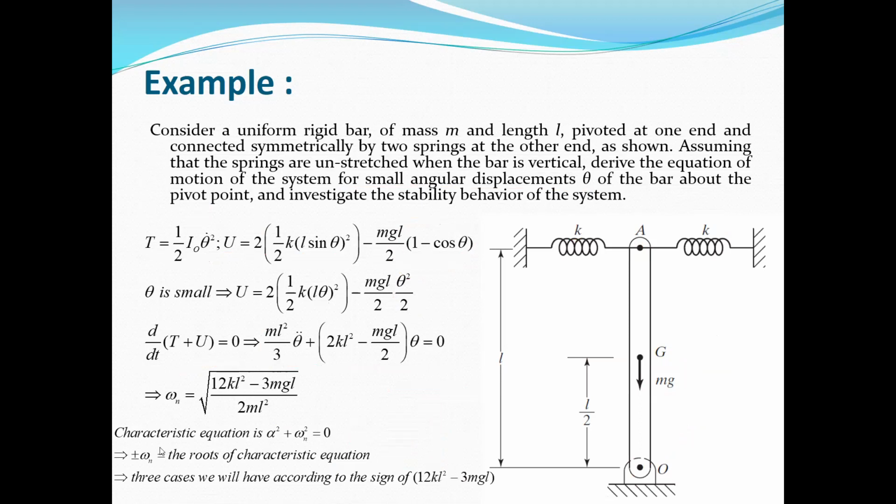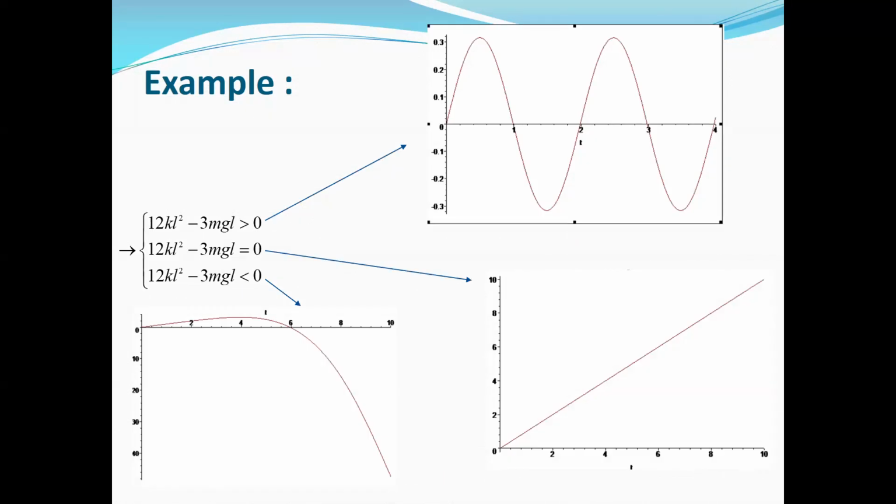Here, as I told you, this is the natural frequency. And now we can discuss the behavior of the structure according to the sign of this term, 12kL squared minus 3mgL. And we can plot the response for different cases. Here you can see if this term is positive, the behavior is stable.